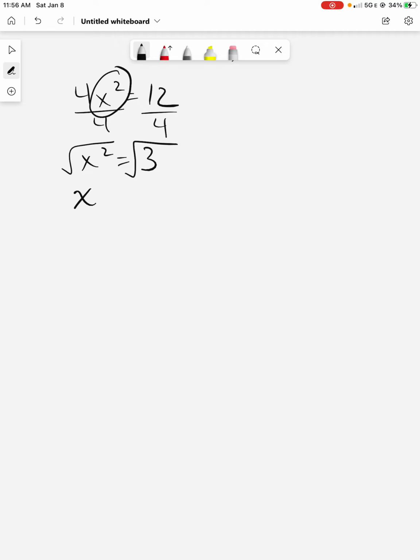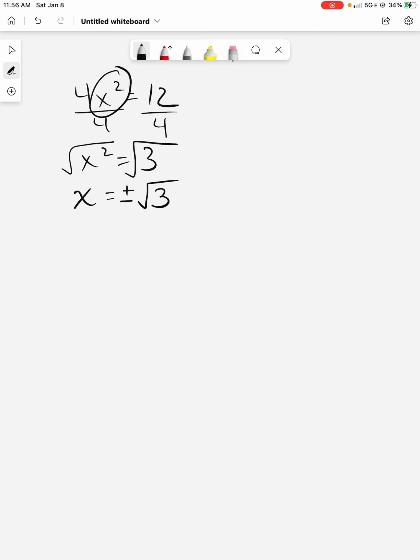X equals something. The piece that most people forget when they're solving this way is that when you take the square root of both sides of the equation, you introduce both the positive and the negative as a potential solution, right? Because if I square a positive number and the same negative number, I get the same answer.